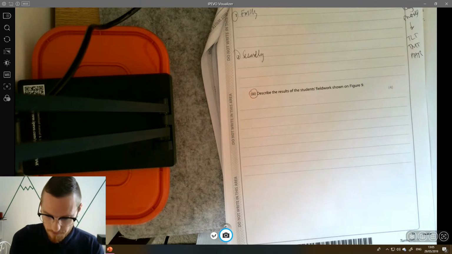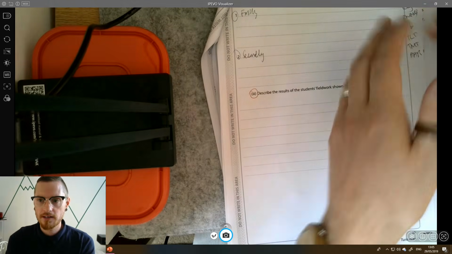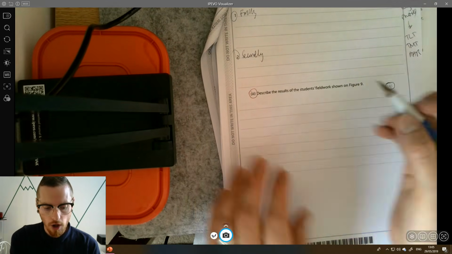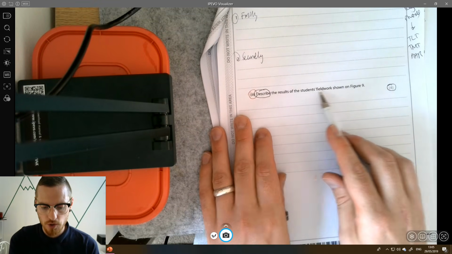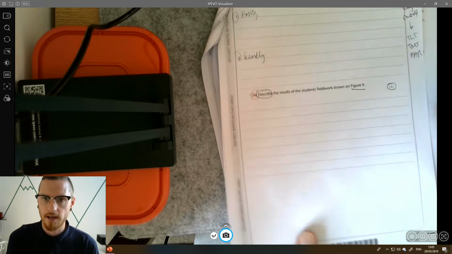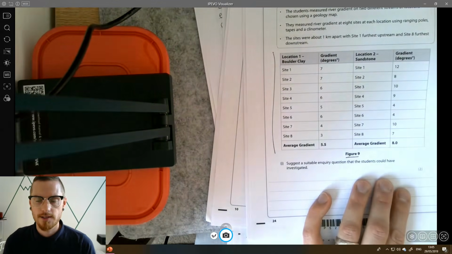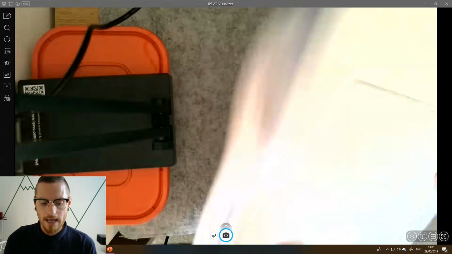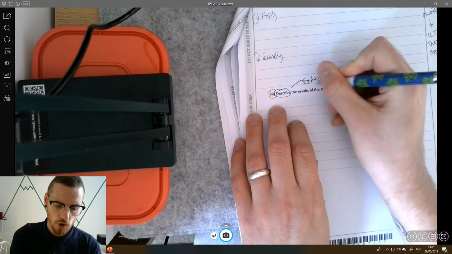Down here, we've got a 4 marker, and you'd be tempted here to try to do what I've just said up here. But look, it's describe. It says describe the results of the student's fieldwork shown in figure 9. This is figure 9. These are the answers. This is the data. So in describe, we do not explain.